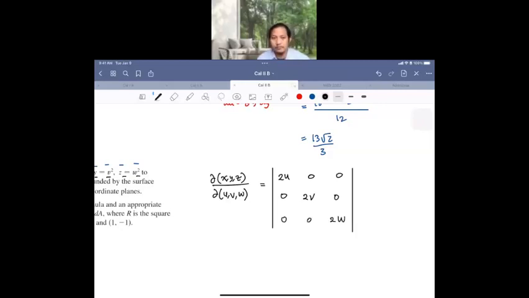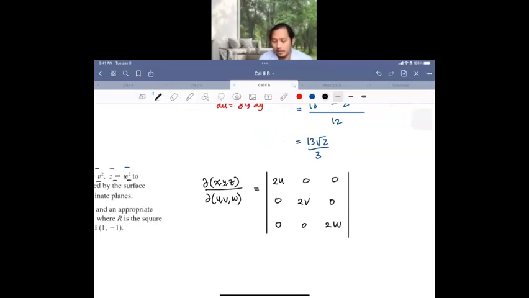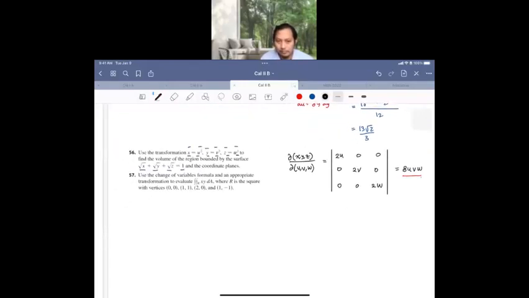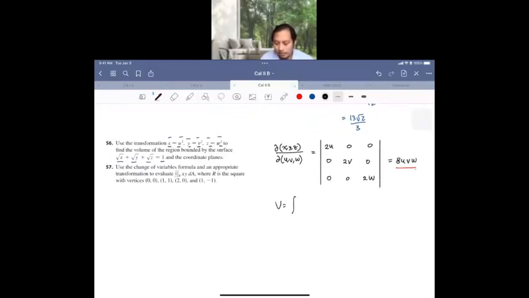Okay, if we solve this, we get that it is exactly 8uvw, and then the other part will be 0, right? So this is our Jacobian value. Now the volume is triple integration with the region E and then dV, right?